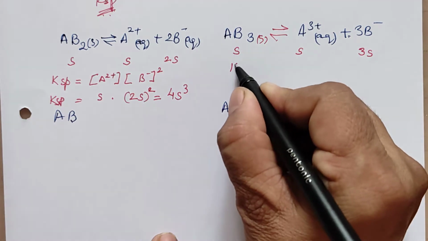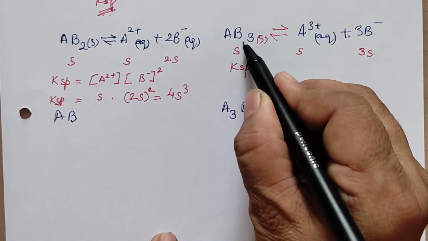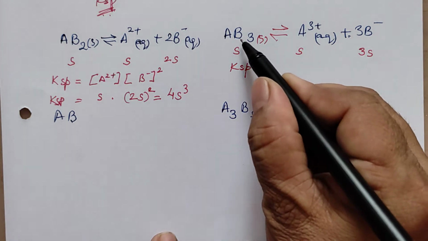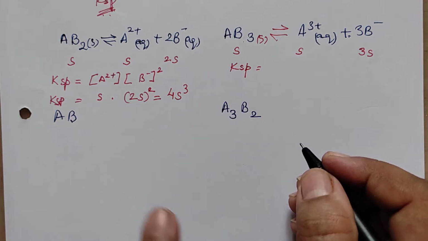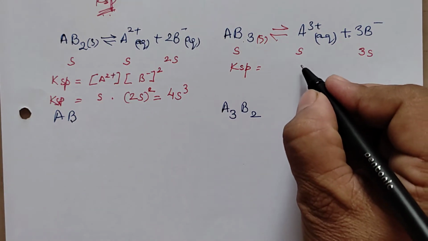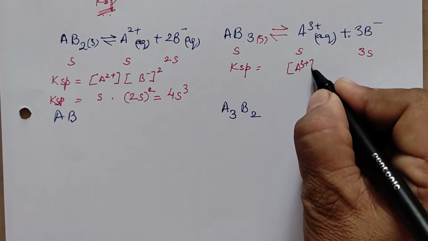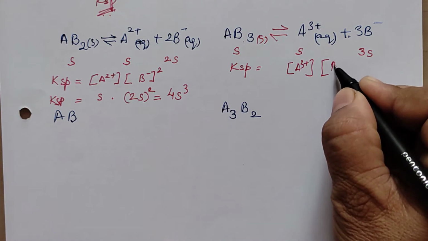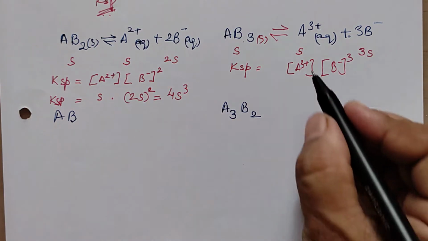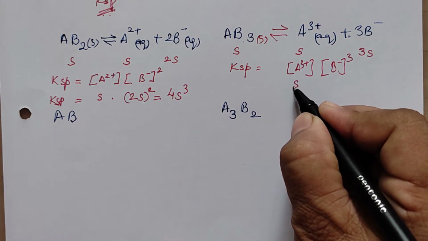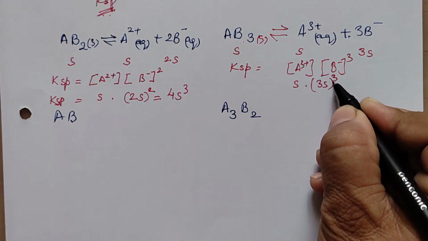Now let us apply the law of mass action. This is solid, so we do not write that. K multiplied by its concentration can be taken as KSP, which I told you for the AgCl example. So you write the concentration of A3+ multiplied by B- cubed, because 3 is the coefficient. Now put the solubility values: S into 3S to the power 3.